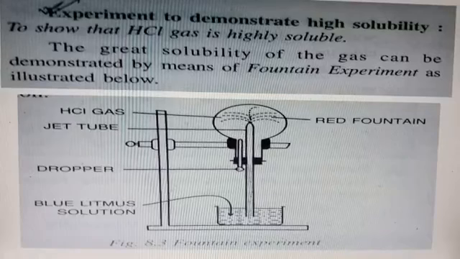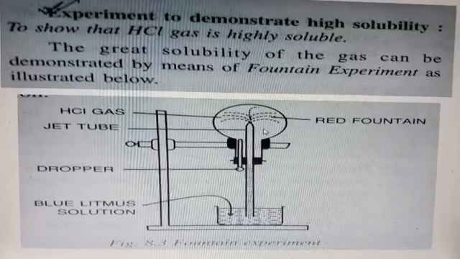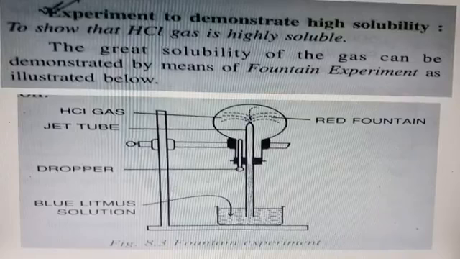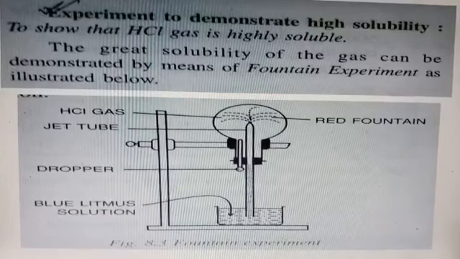Hydrogen chloride gas will be dissolved, and as we know, a liquid occupies less volume than vapor. So water in liquid form occupies less space than water in vapor form.